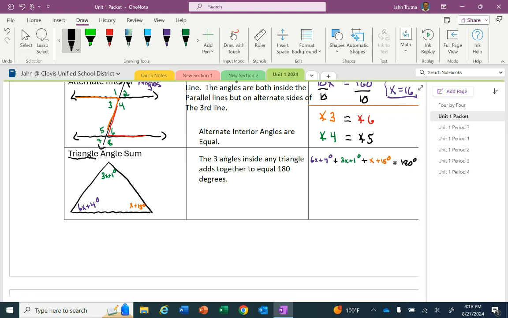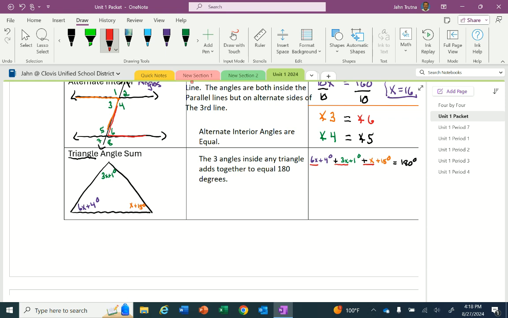Then I would use this equation to solve for the value of x. Here's how I solve it. I'm going to combine like terms. 6x plus 3x plus x is 10x.